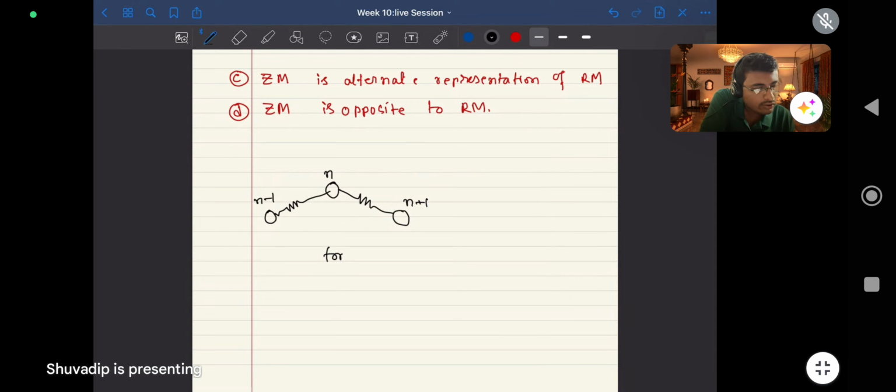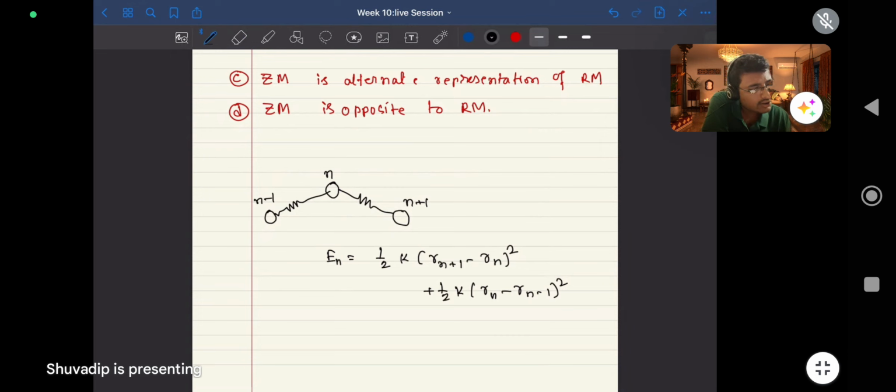You can calculate it from this. Let's start with energy first. So the energy will be given by E of n is half k (r of n plus 1 minus r of n) whole square plus half k (r of n minus r of n minus 1) whole square. So this is the energy.